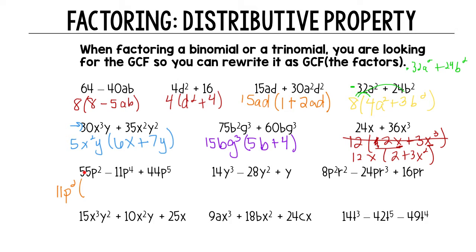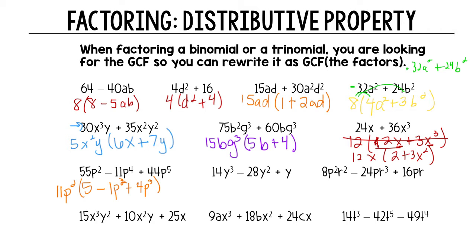Now 55 divided by 11 is 5. We have p squared, we took it out, so no p's. Minus 11 divided by 11 is 1. We have p to the 4th, we took 2 away, so we're left with p squared. Yes, that's a 2. And then plus 44 divided by 11 is 4. We had 5 p's, we took 2 away. We're left with 3 p's.